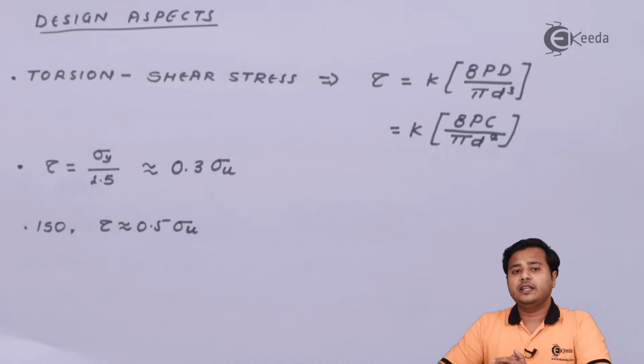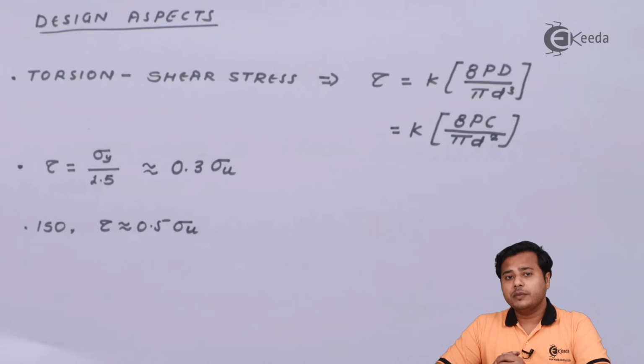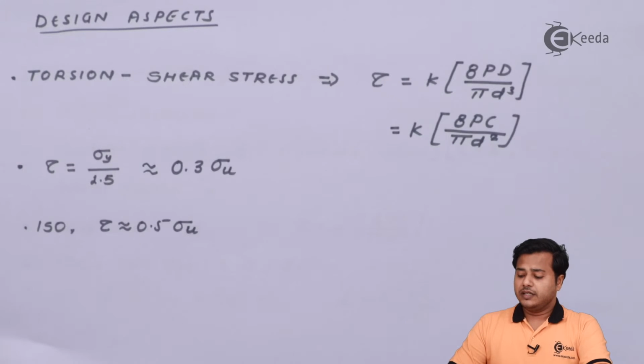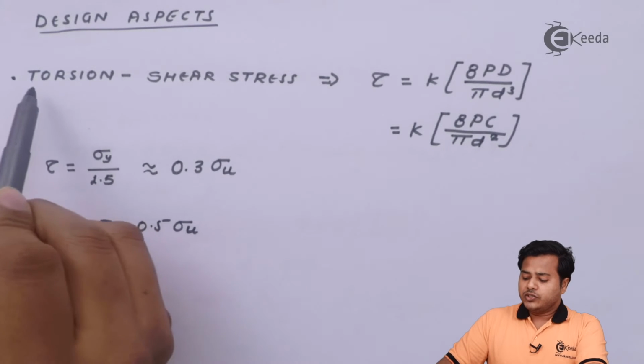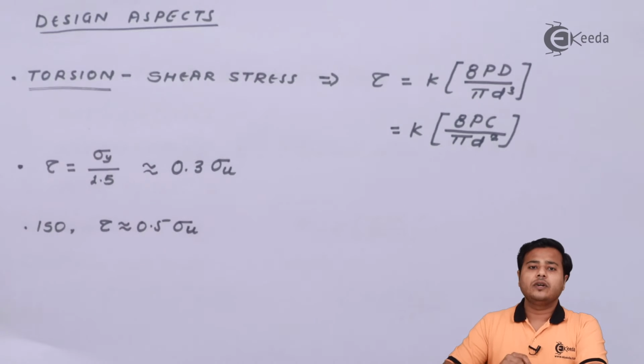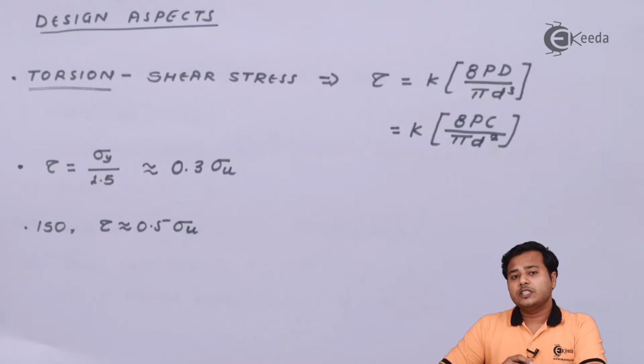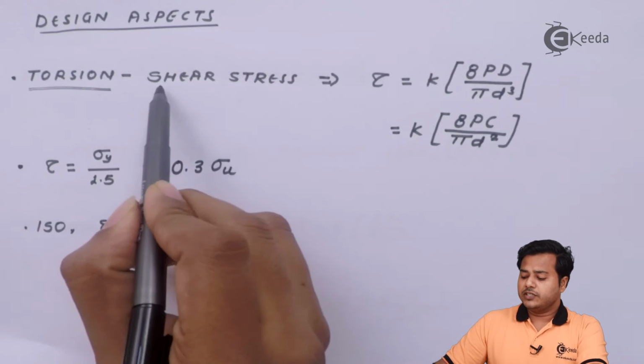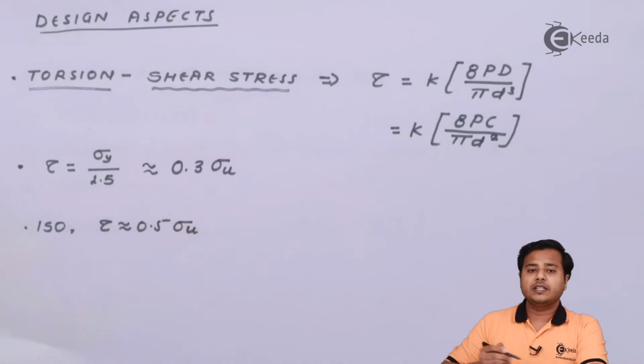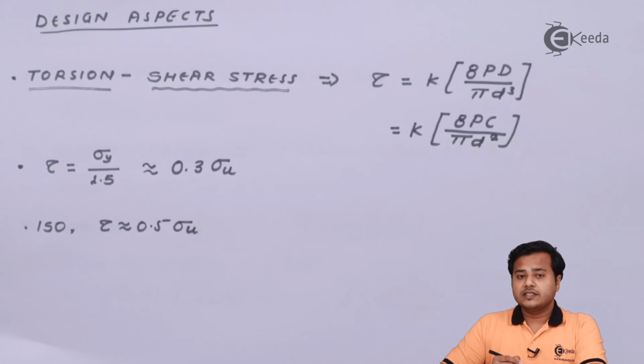Now let us move to the main part, that is the design aspect. Like we have discussed, the load-stress equation is a prominent one as far as the design of a spring is concerned. Torsion is the main form of load that acts on springs, and that's why shear stress is the prominent one where spring safety is concerned.